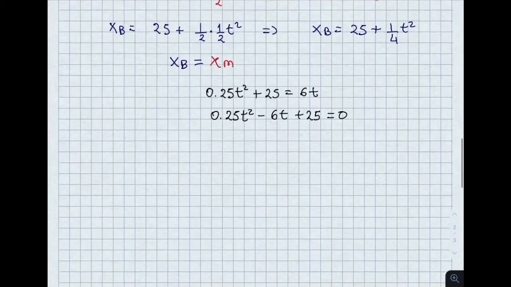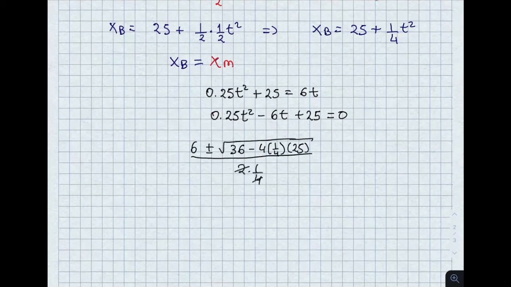This is again a quadratic equation, and we have 6 plus or minus the square root of 36 minus 4 times 1/4 times 25, over 2 times 1/4. It's 0.5.